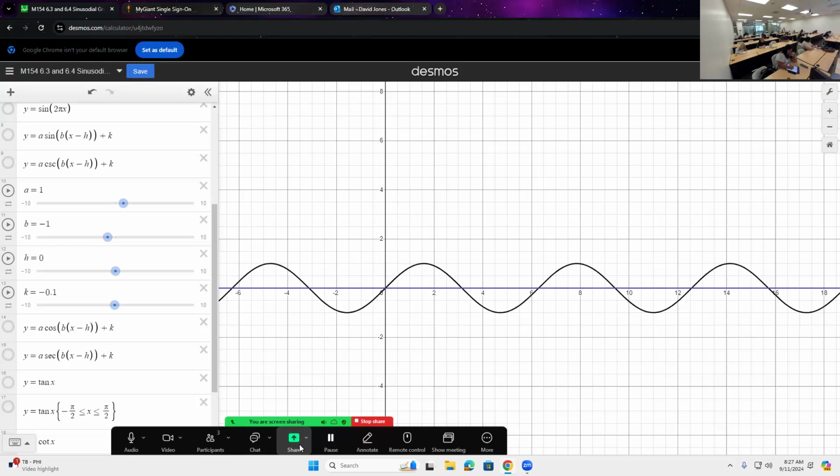Has the same graph as sine of x plus 4 pi. Or in general form, as we say, 2 pi n. Rather than putting the p after the n, we tend to put things that are variable at the end.